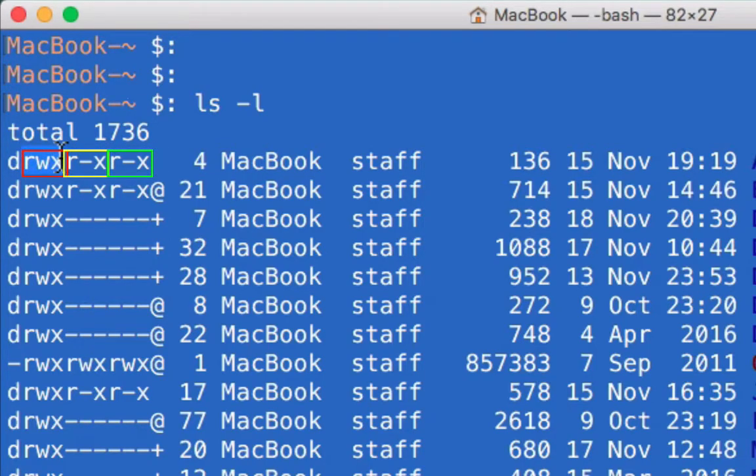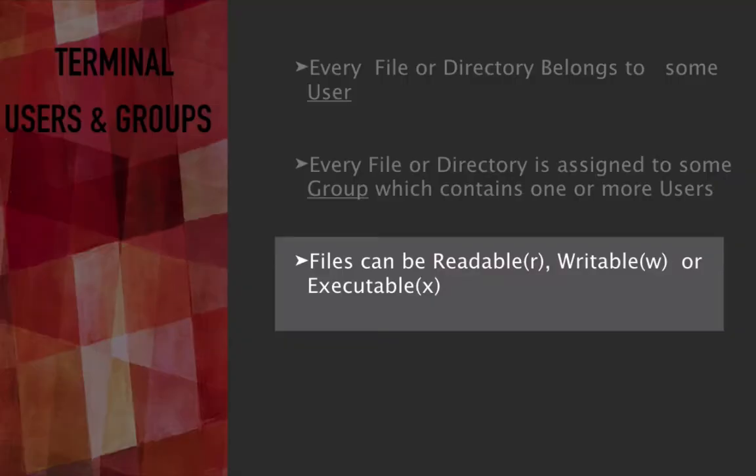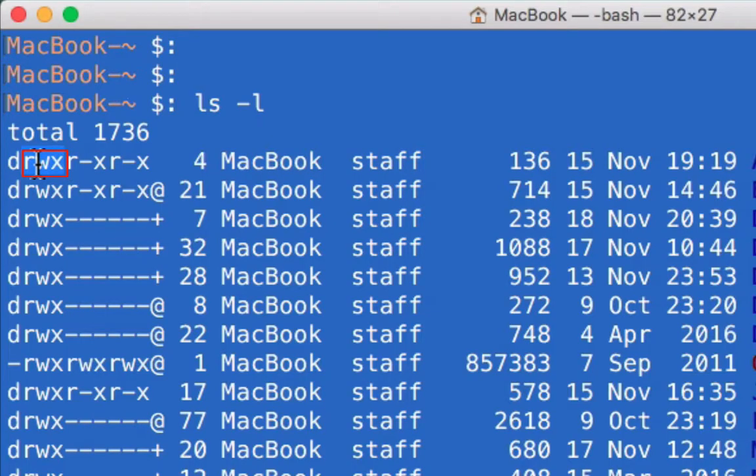You remember that we talked about how any file or folder in the Linux system is either readable, writable, or executable. Okay, the first 3 characters refer to the owner of the file. And they're telling us that the owner can read, write, and also execute the file.